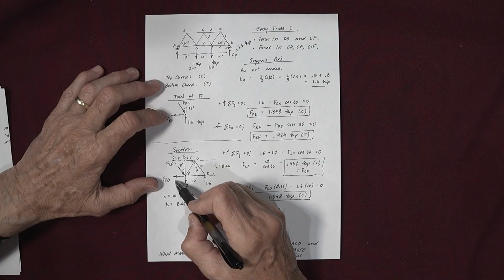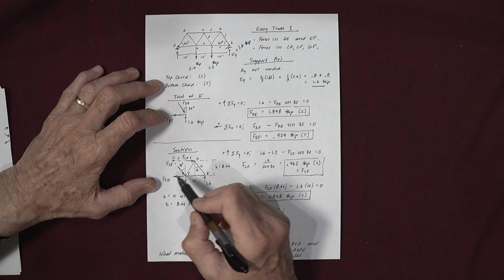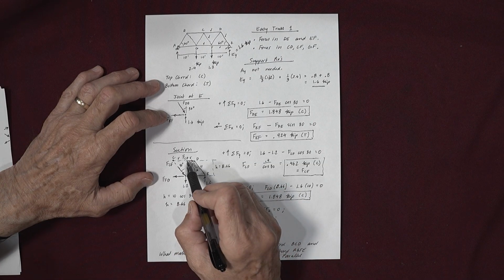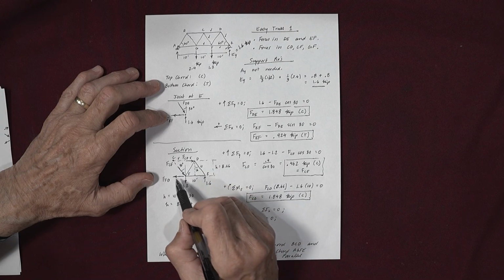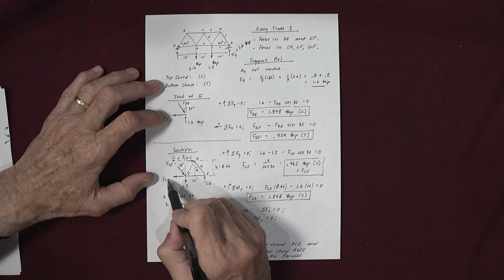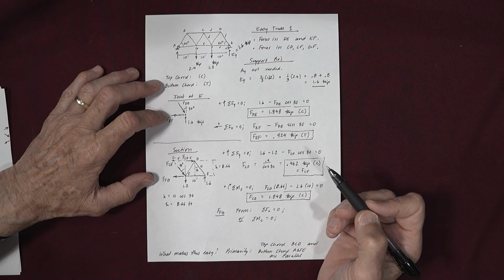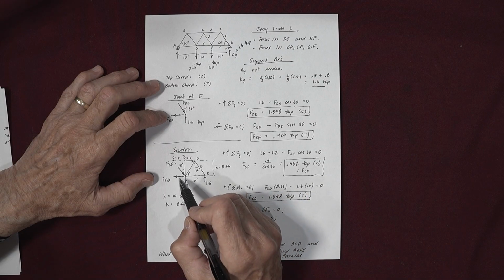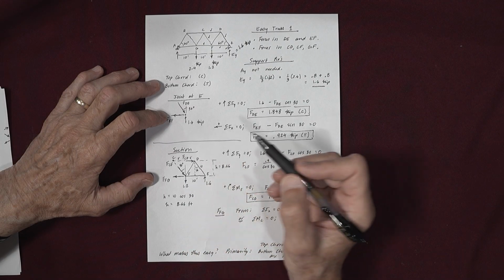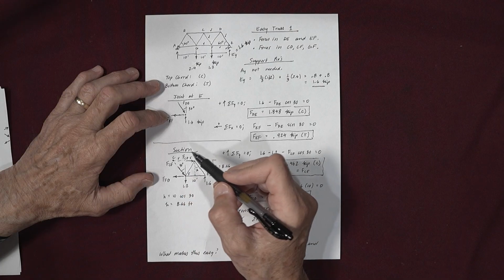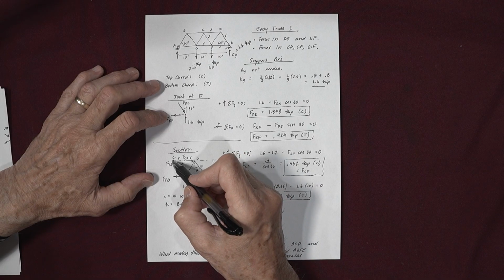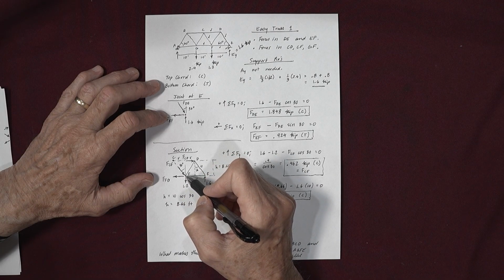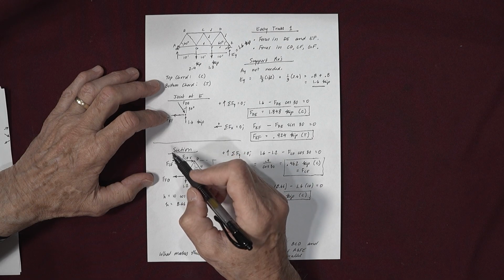FG, we're actually going to find this guy two different ways. We already know FCD, and we already know FCF. One way to get him is just to sum forces in the x direction, which we'll do. But another thing we can do is sum moments about C. We can basically slide FCD back along its line of action, and we can slide FCF back along his line of action.